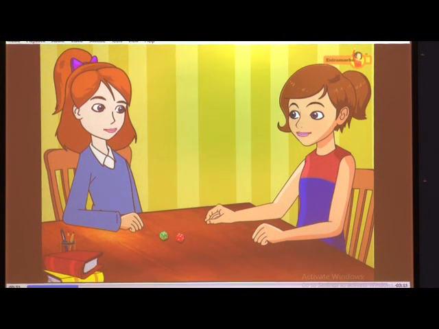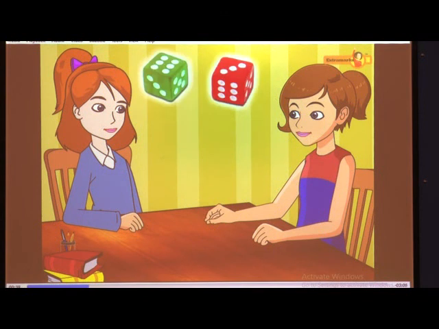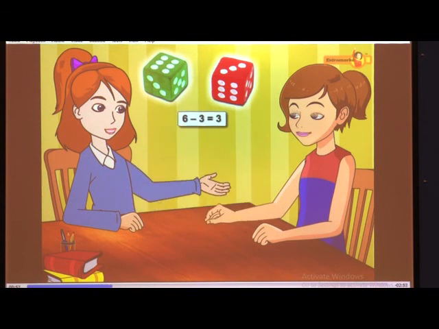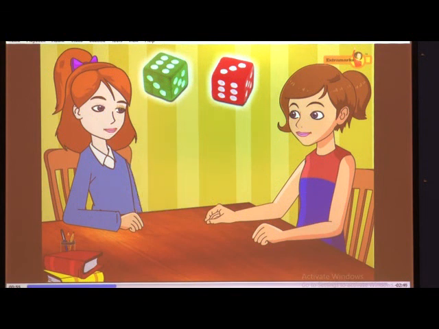You can start first. I get 6 on the green die and 3 on the red die. Can you tell me the result? 6 minus 3 is equal to 3. Yes, it is correct. Now it is your turn.